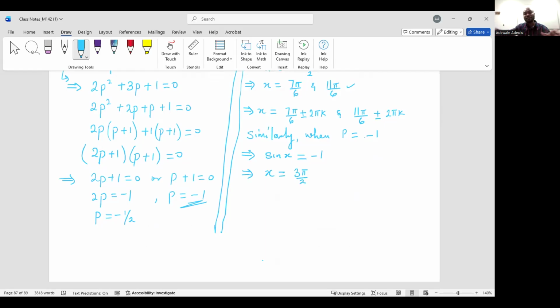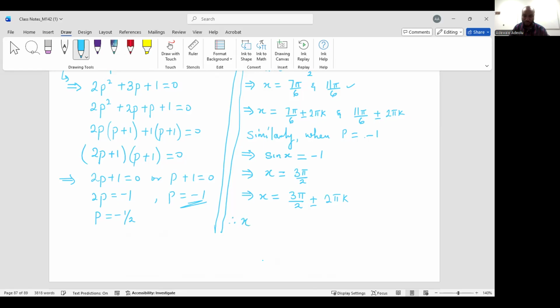Now, to account for every other solution outside that one rotation, it implies that x equals 3 pi over 2 plus or minus 2 pi k, since the period of sine is 2 pi. That k there is telling us that, when k is 0, when k is 1, when k is 2, and so on.